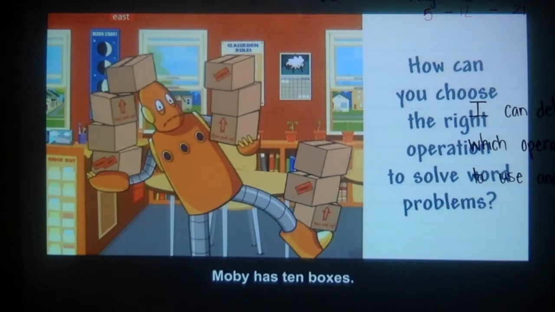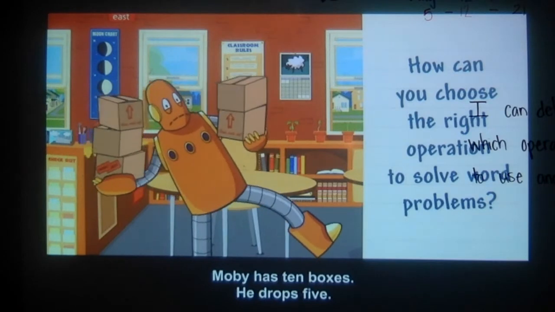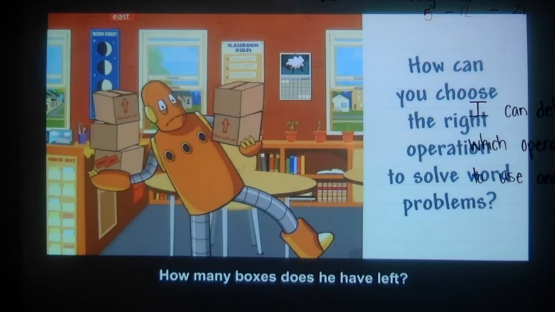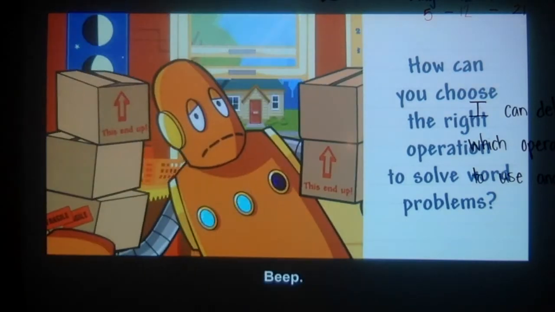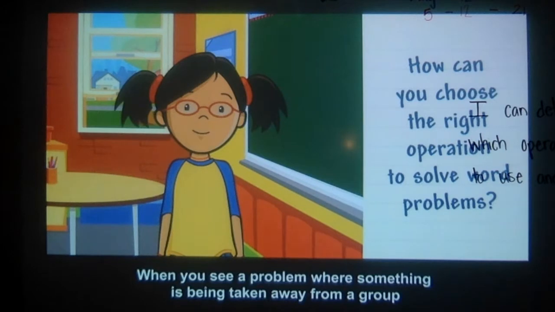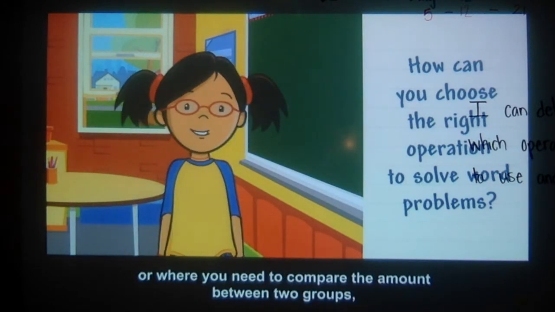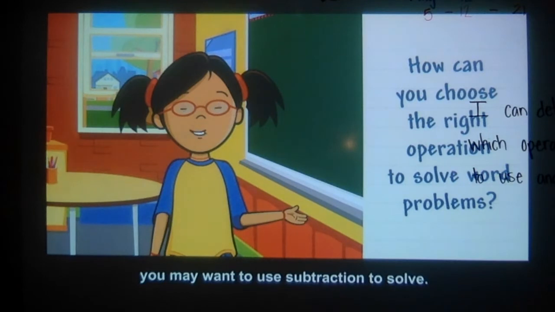Moby has 10 boxes. Drops 5. How many boxes does he have left? When you see a problem where something is being taken away from a group, or where you need to compare the amount between 2 groups, you may want to use subtraction to solve.